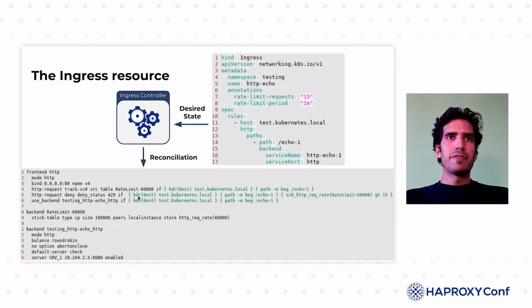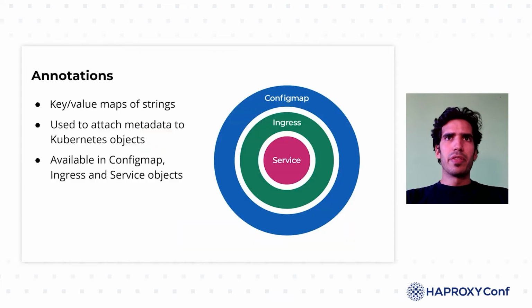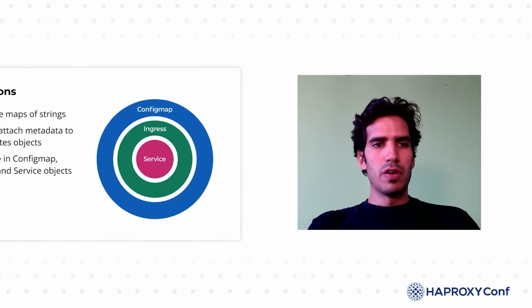And as we have seen in this slide, annotations can be set at multiple levels: service, ingress, and config map. Some of them can only be on a specific scope, and others can be available on multiple scopes. For example, if we set the load balance annotation at the config map level, it will configure all backends in HAProxy.